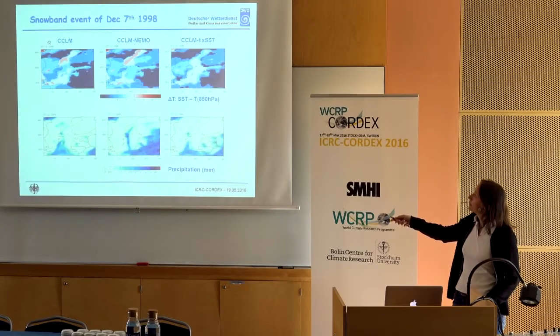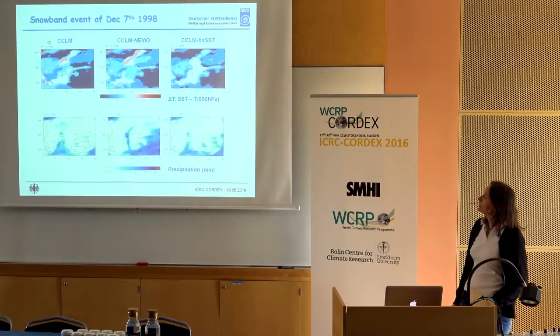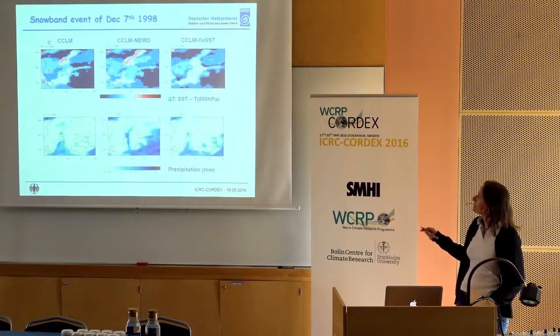For the standalone run, you also get some strong differences in the Gulf of Bothnia, but the nicest differences you really get in the coupled run, whereas in the run with fixed SST, you barely see any of these large values.